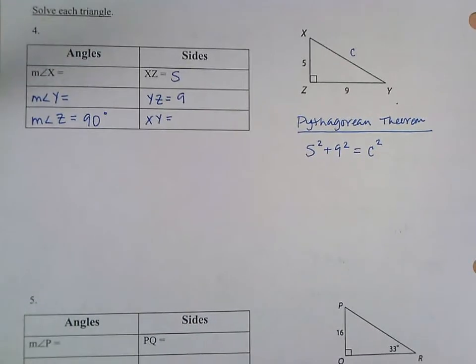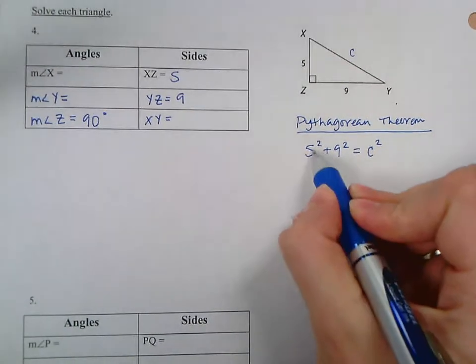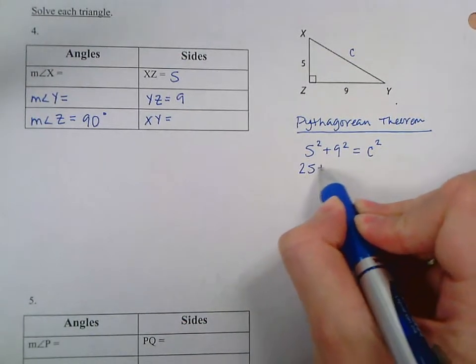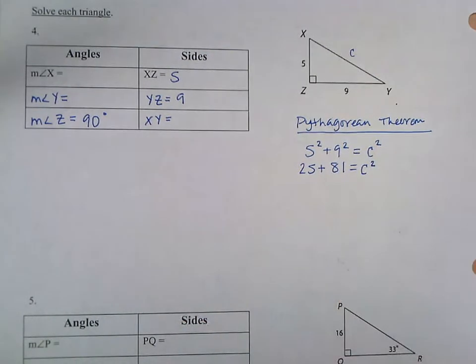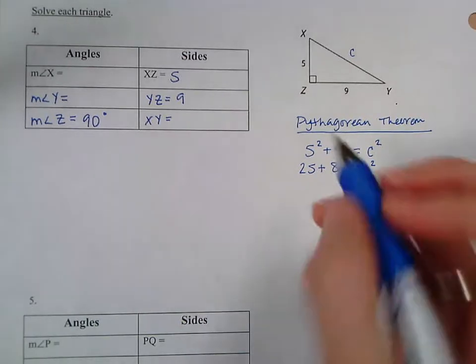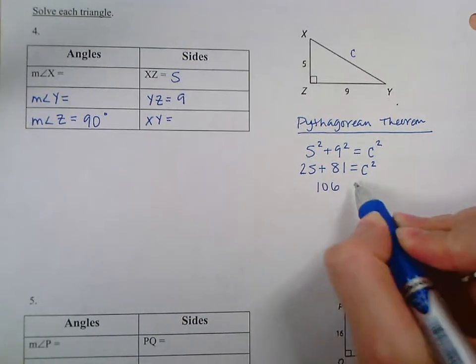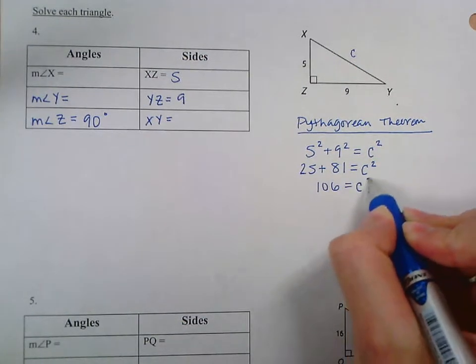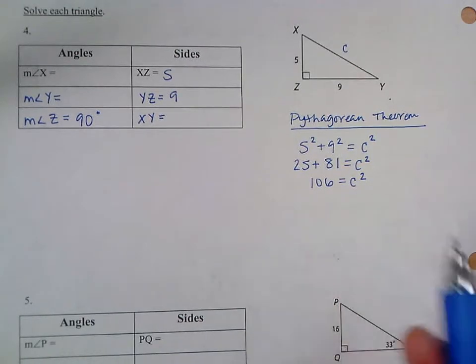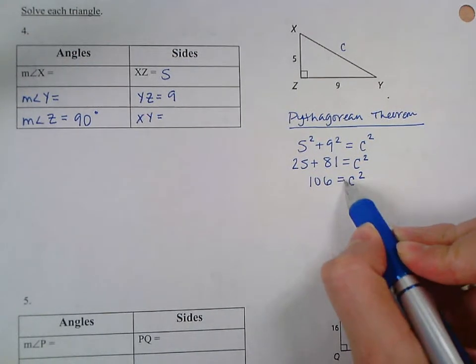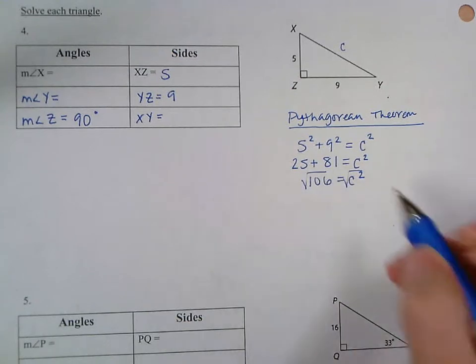Solve for C. So I know 5 squared is 25 plus 9 squared is 81. 25 plus 81 is 106. And then I can solve for C by taking the square root of both sides.